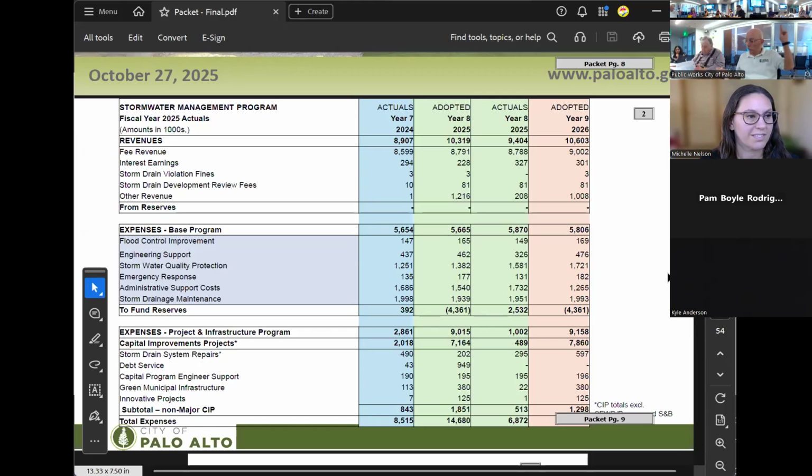I've got a question or two. Yeah, please. This should be fairly straightforward. The fee revenue increases. What drives that? Is that a fee based on property taxes? So in our ballot measure, we said that we can increase by CPI, the annual Bay Area December CPI, or I believe 6%, whichever is lower.